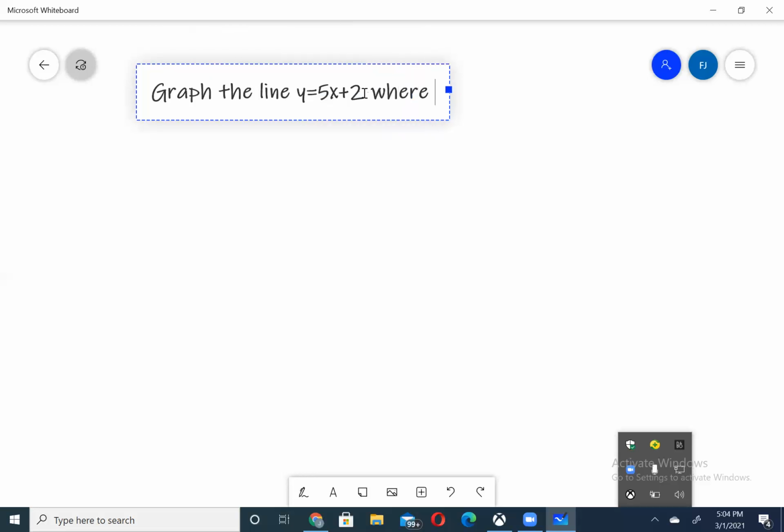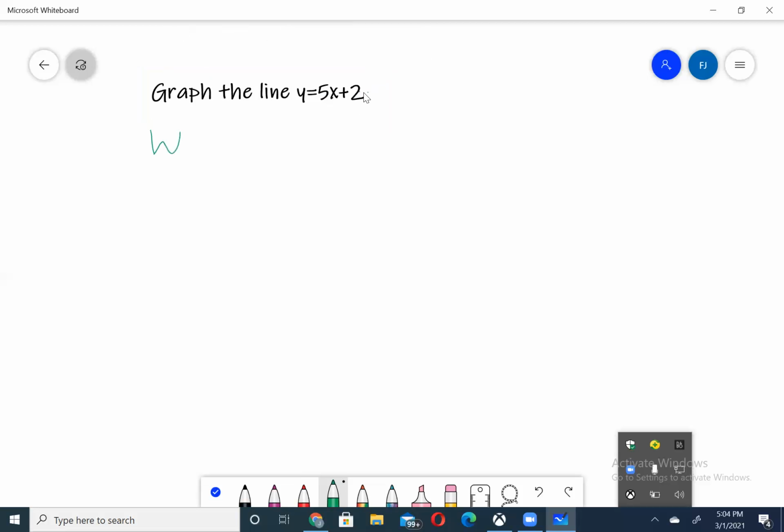All right, so it's going to be where x is less than or equal to 3, but greater than or equal to negative 8.